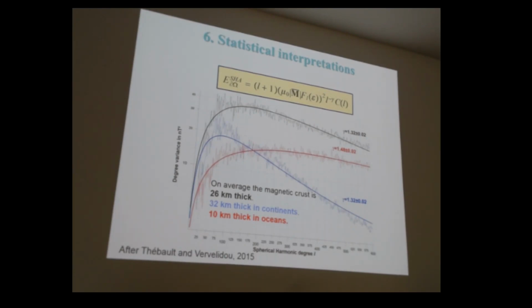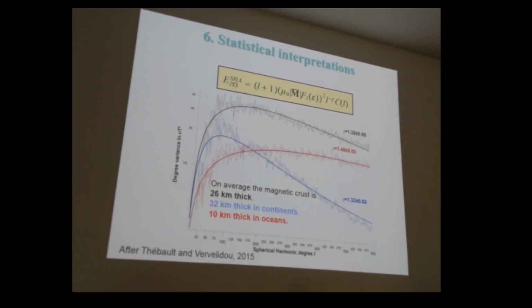And the thing is that this is why we are always careful with the lithosphere and crust, because crust is structural information given by seismology. And magnetization depends on composition and also temperature. So there is apparently no reason why it should always stop at this crustal discontinuity.